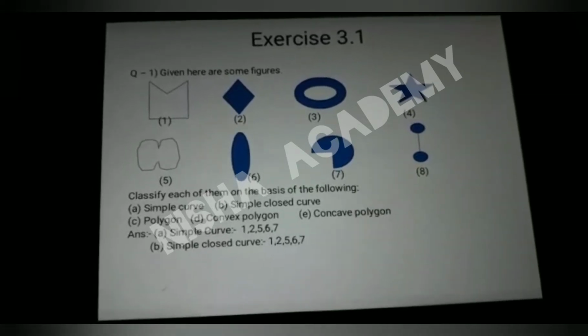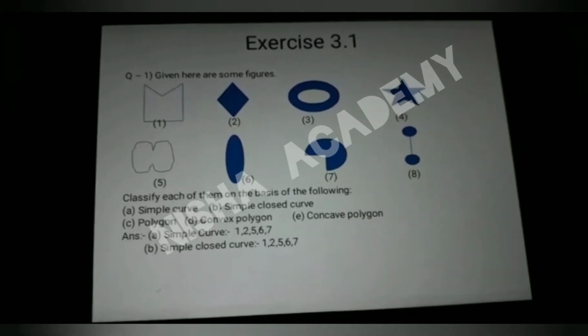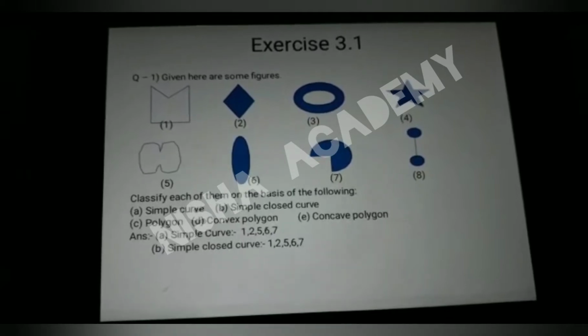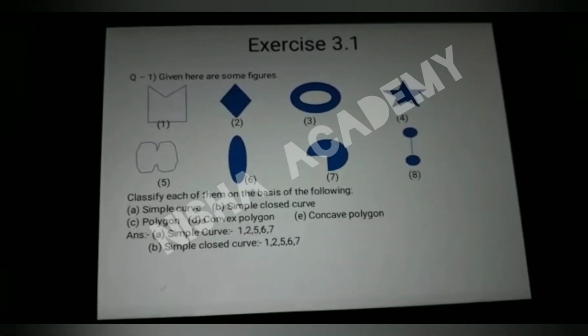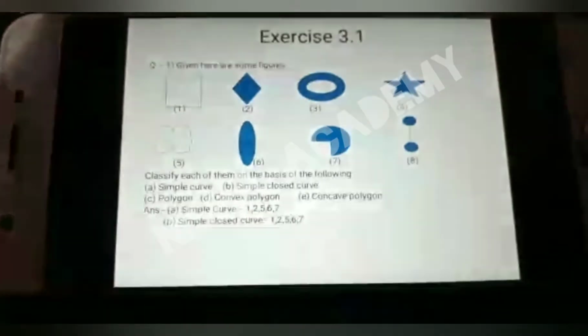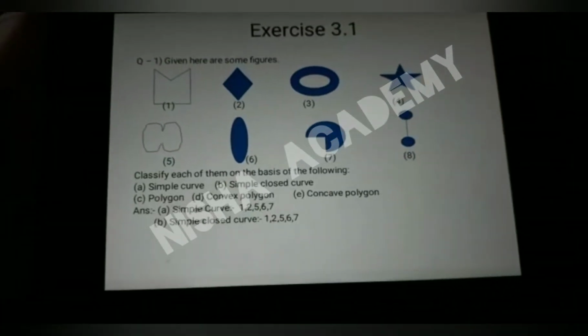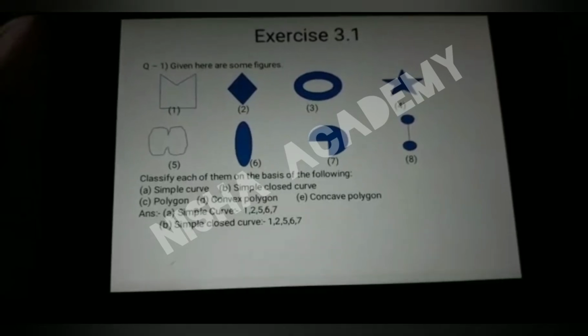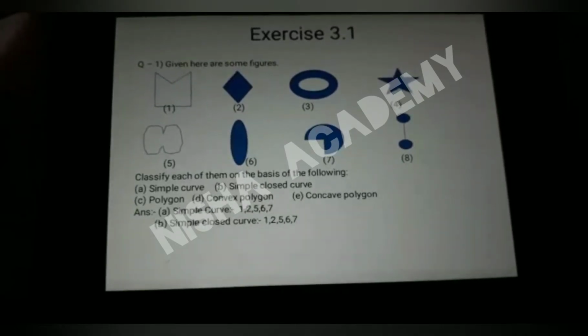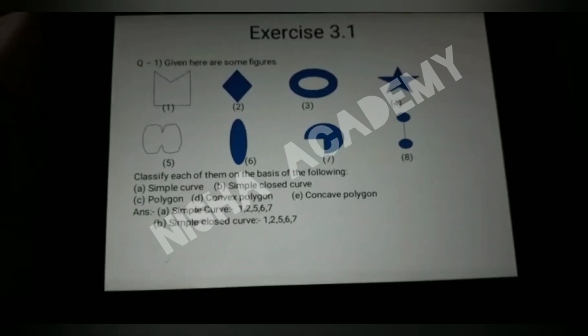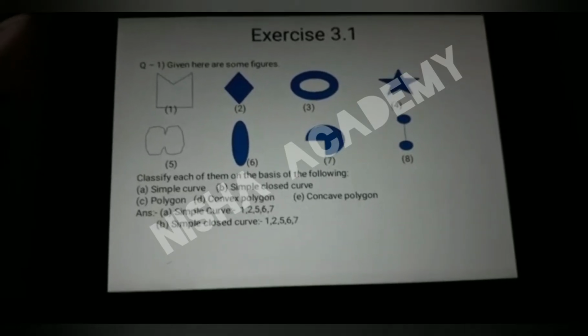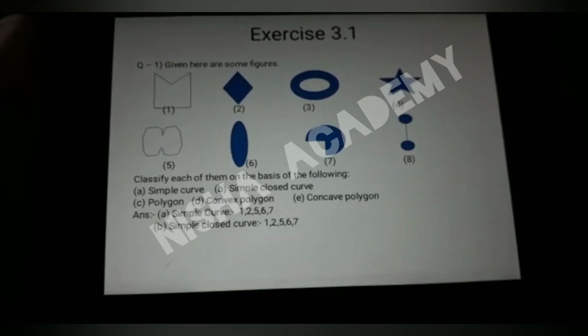It means the points do not intersect each other, they don't meet; it is a simply drawn figure, called a simple curve. Like you can see in the first one, first is there, second is there. Third is not a simple curve because both figures are different and it does not have any side. It is a circular region.